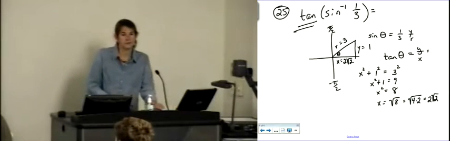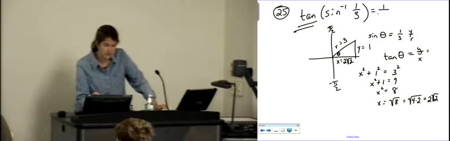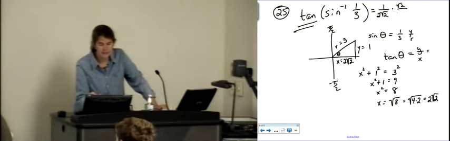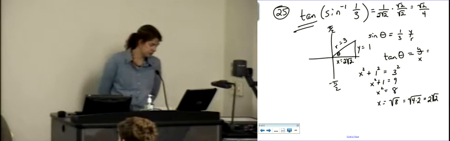So it makes the tangent be 1 over 2 square roots of 2. When we rationalize, we get the square root of 2 over 4. Let's make it square root of 2 over 4 for that one.